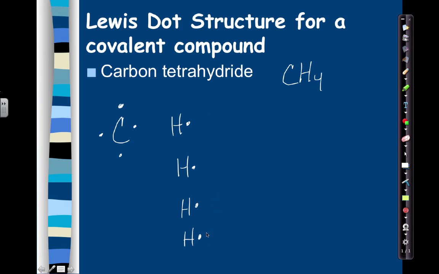each hydrogen actually wants to gain an electron because hydrogen's configuration is 1s1. If you had 1 more electron, you'd actually have a full energy level. It doesn't want 8. Most do want 8, but not hydrogen. Hydrogen only wants 2. So right here, carbon wants to be satisfied. It wants to gain more electrons too.